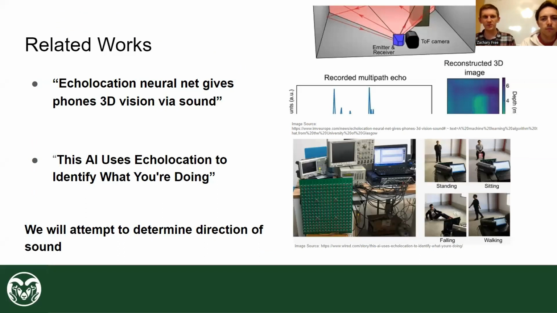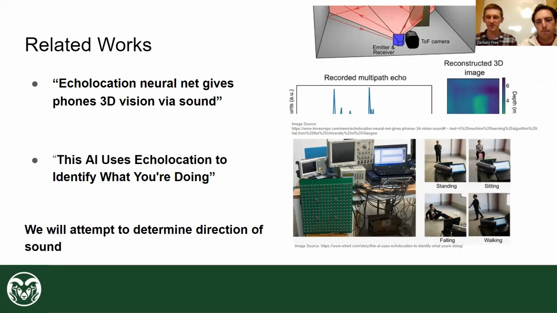Before we dived into actually building an AI model, we looked at some other related works. Here were some interesting ones that really set the tone, no pun intended, for our project. Echolocation was an interesting one that was fairly related.